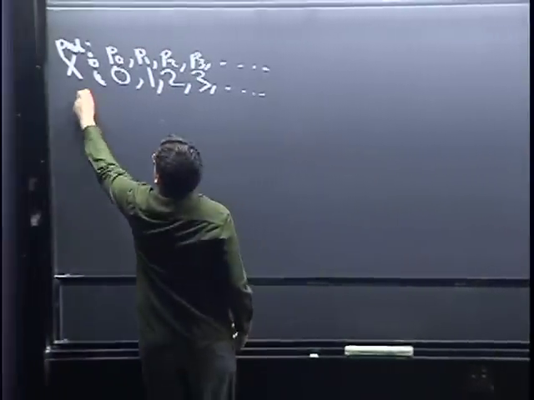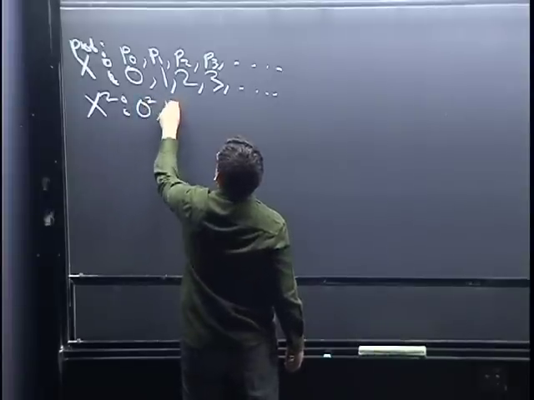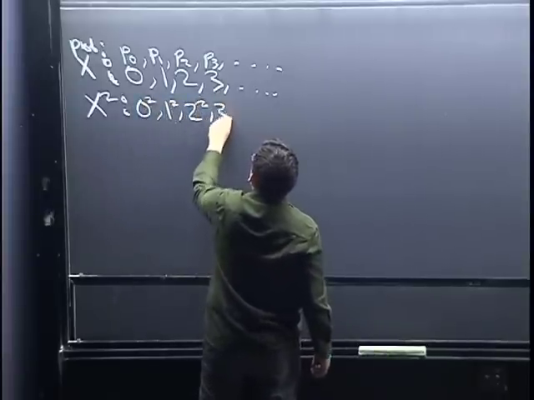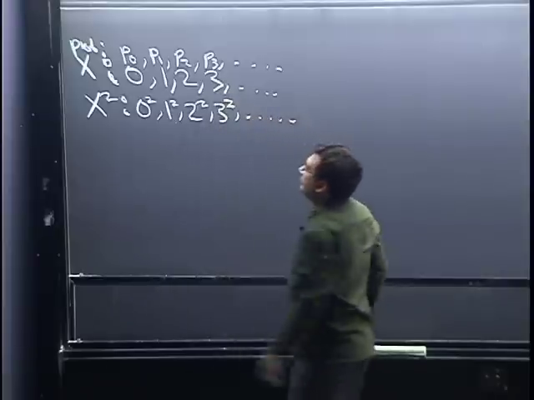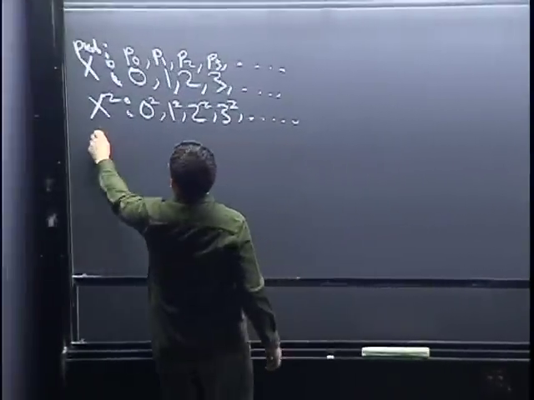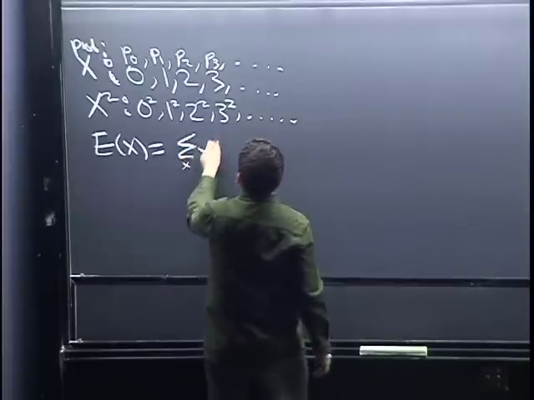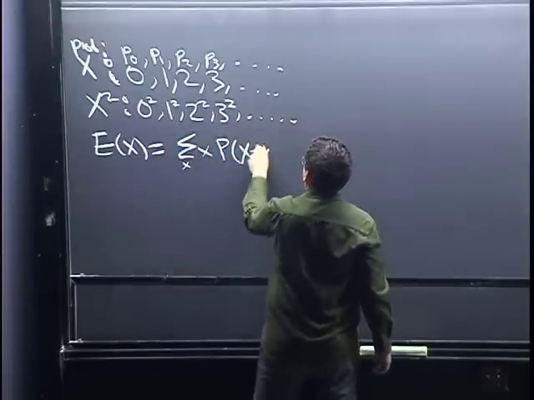Now, to figure out variance, we need to study x squared, right? So let's look at x squared. 0 squared is 0, 1 squared is 1, 2 squared is 4, 3 squared is 9, and we keep going like that. From this point of view, it should be easy to see what we should do, because remember for a discrete random variable, E of x is the sum of x times the PMF.